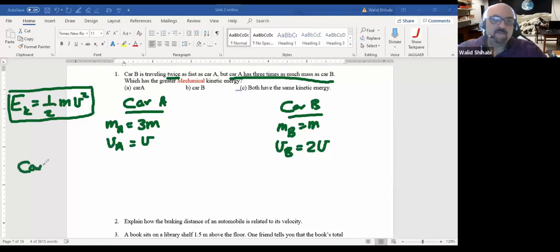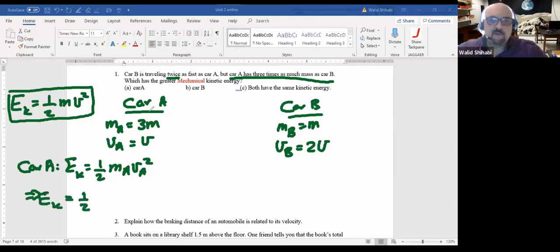Okay, so car A kinetic energy will be what? 1/2 times the mass of car A times the velocity of car A squared. Okay, so it's 1/2. The mass of car A, we assign it the formula 3M. So mass of car A is 3M.